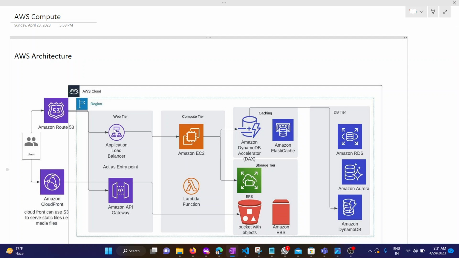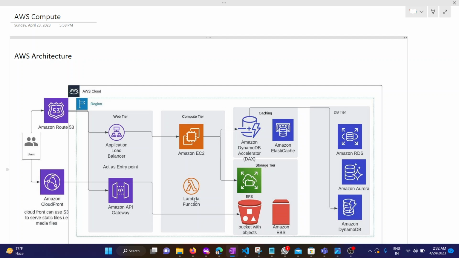It will redirect to the compute tier. The compute tier is basically Amazon EC2 or a server you use, or serverless, you can use a Lambda function.